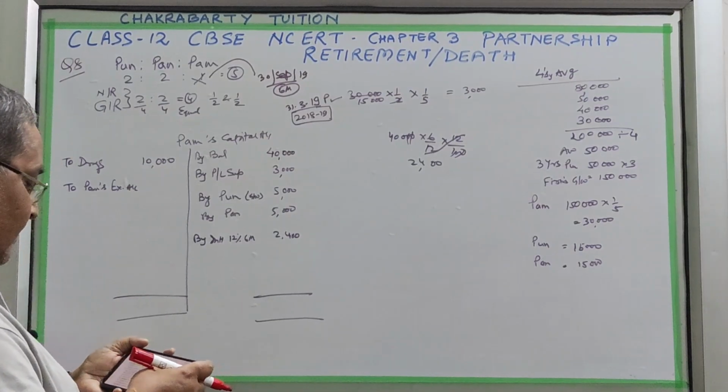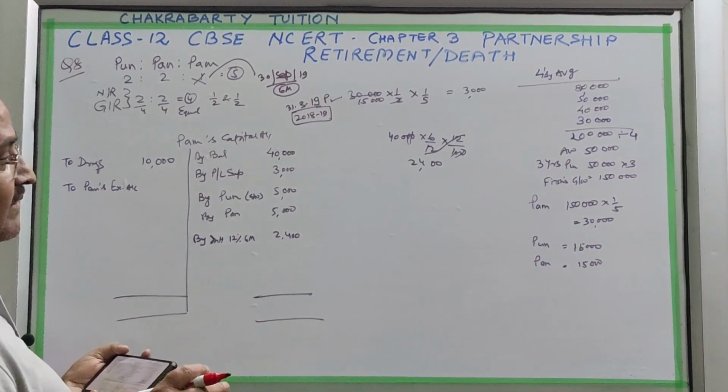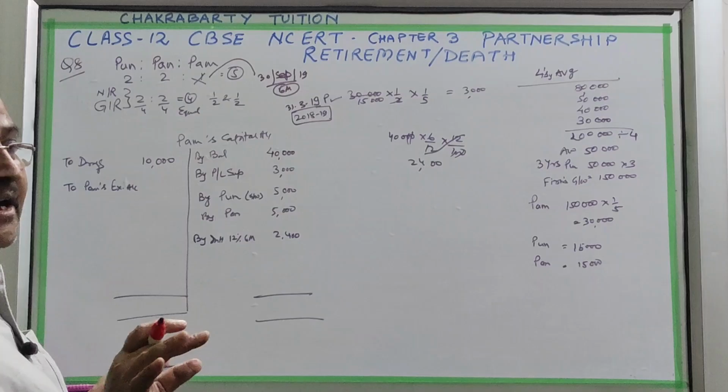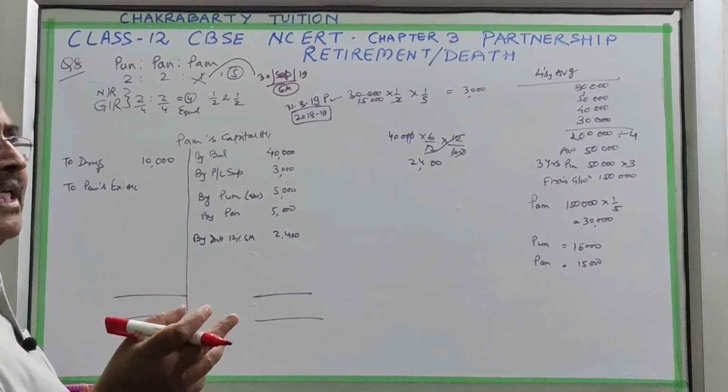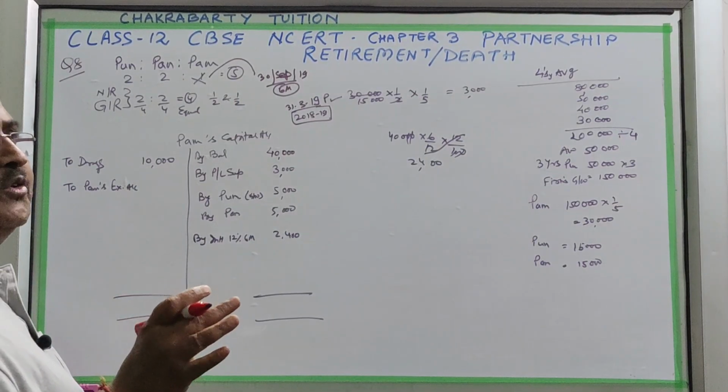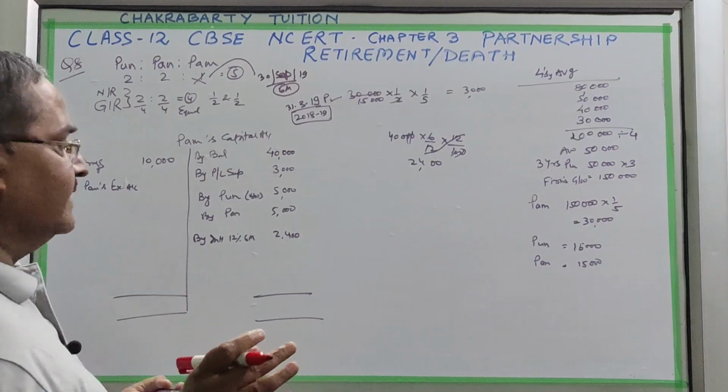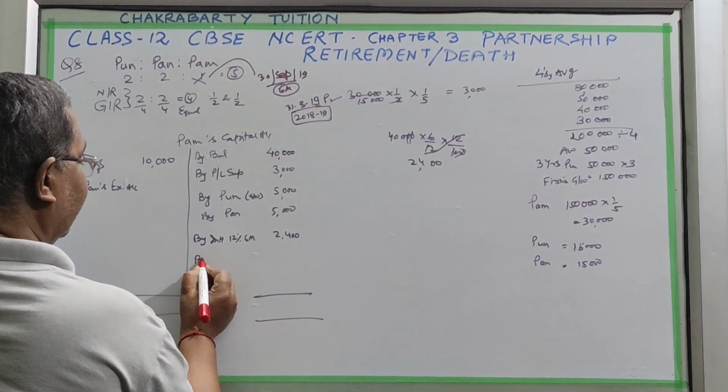In the question's balance sheet, general reserve is not given, it is termed as reserve. All are the same thing. Any reserve given is to be distributed, because it is not a specific reserve. So by reserve also we will transfer here.